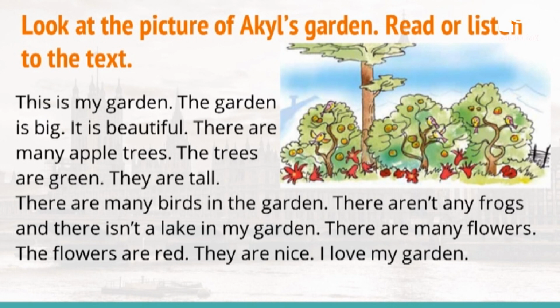They are tall. There are many birds in the garden. There aren't any frogs. And there isn't a lake in my garden. There are many flowers. The flowers are red. They are nice. I love my garden.